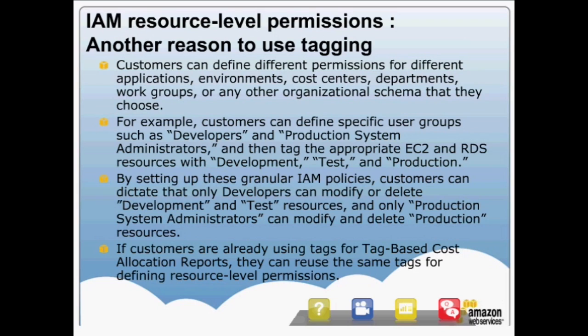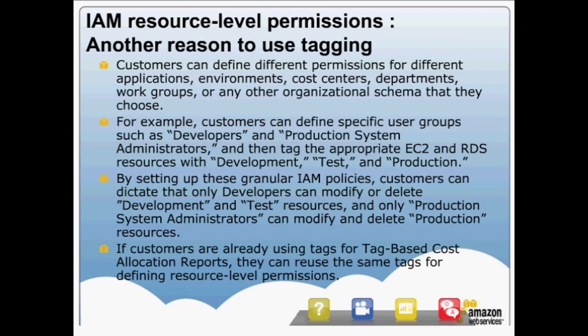Now if you have your instance tagged as production, you can set permissions at a user level so that if that person is a developer, they cannot turn down an instance that's tagged as production. Okay? This is a really powerful feature: your production people will have access to your production resources, and your developers only have access to instances that are in development or test.